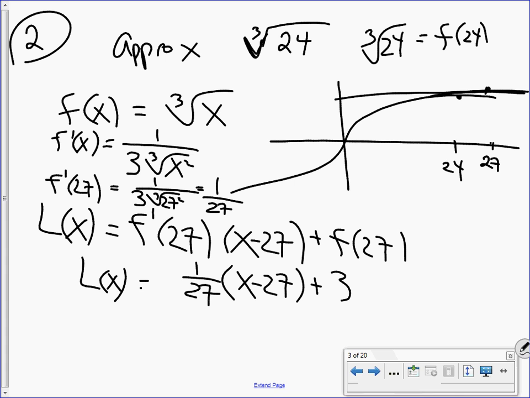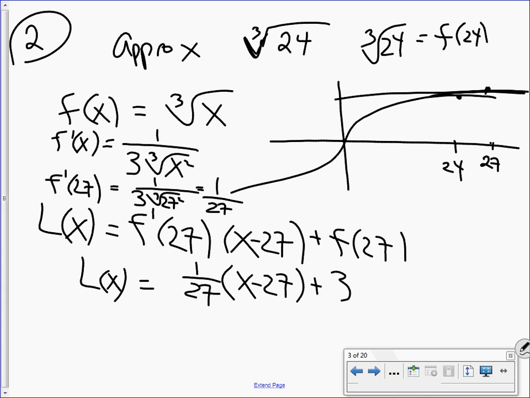Okay, we're almost there. So that's the equation of the tangent line. We're trying to approximate the cube root of 24. What do we plug in for x? 24. I always get the kids who are trying to plug in the cube root of 24. No, the function does the cube root part, all right? You're just plugging the x value into the equation of the tangent line. So you're not going to be plugging in any weird things.